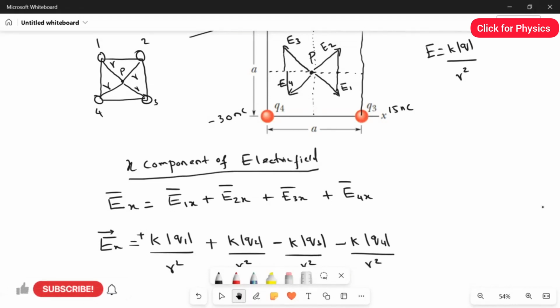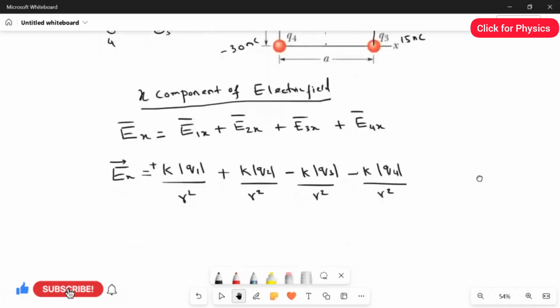So the sign matters for this question. You should not put positive for all the charges, because the electric field is a vector quantity and you must know the direction. So here E1 x component is positive, E2 x component is positive, and E3 and E4 are negative. Now we have to substitute the values.